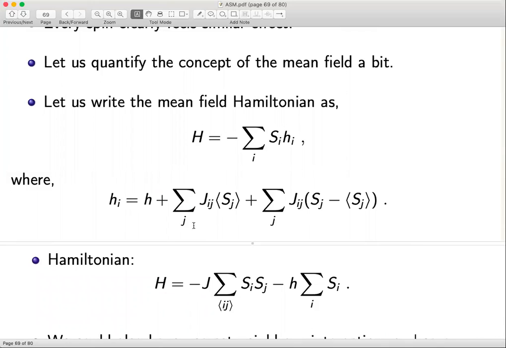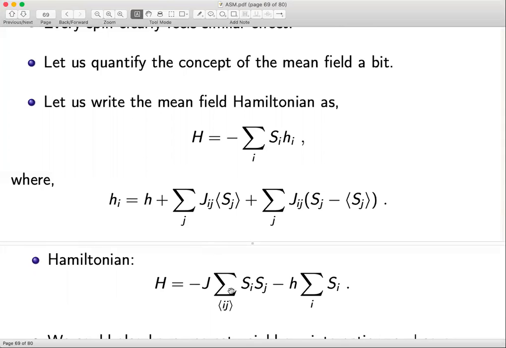Then Jij times Sj, now of course Jij could be the same value J for all i and j, in that case it would look like this J, but even if it is not, you could still keep that. Then the effective magnetic field seen by Si is Jij times the average value of Sj, summed over all j's.